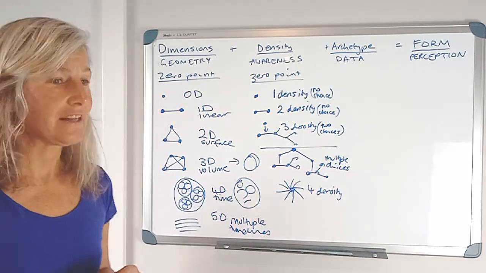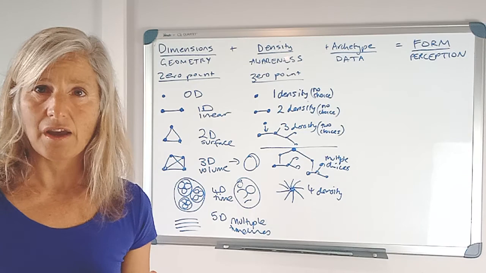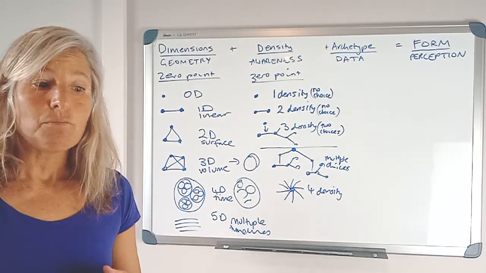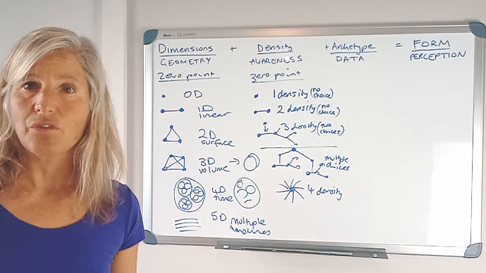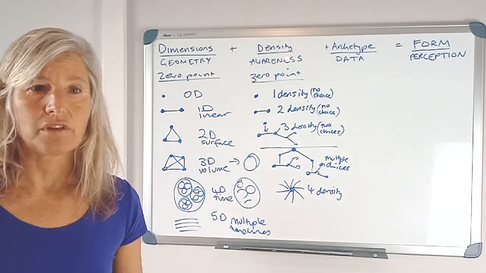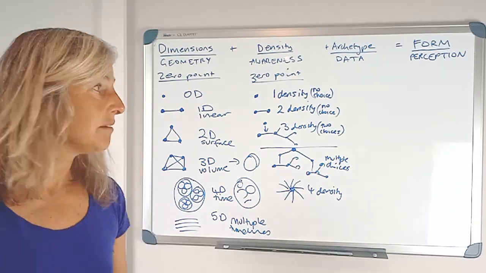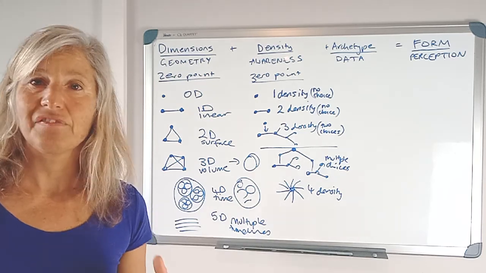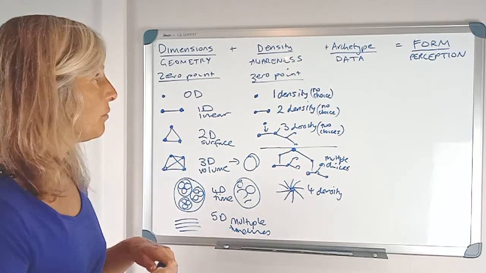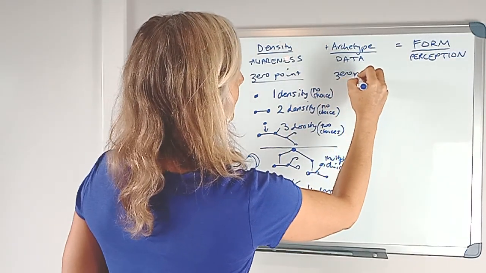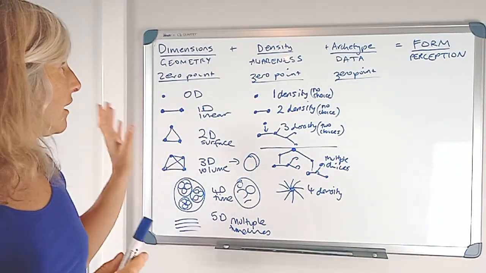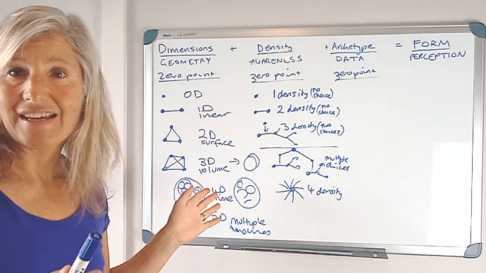If you look at evolution, there's a drive from nature to go from simple things to more complex and efficient things, whether we see it in terms of the evolving of a species or the evolving of nature. Everything becomes more and more complex and more efficient. So there are archetypes that have started once again from the 0 point and are then building blocks for the dimensions that we can then perceive.